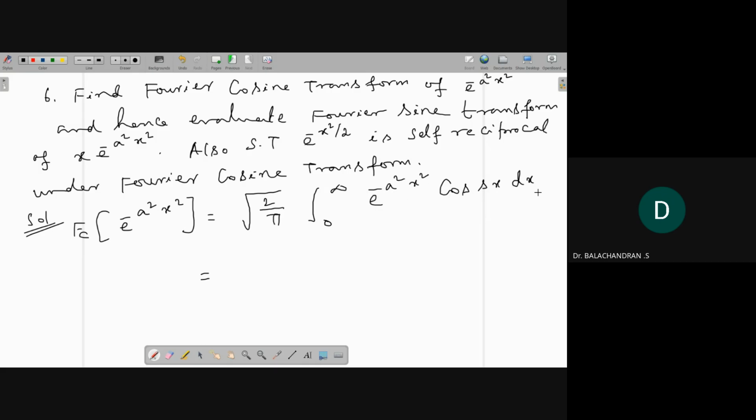So you can write this as 2 by pi times 1 by 2, with the limit from minus infinity to plus infinity, e power minus a square x square into cos sx dx. This is a crucial step.